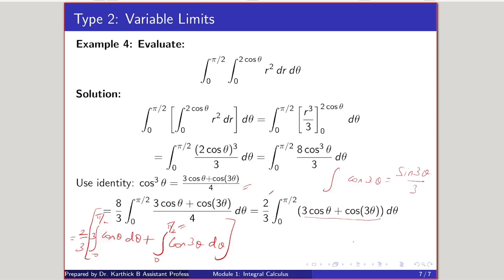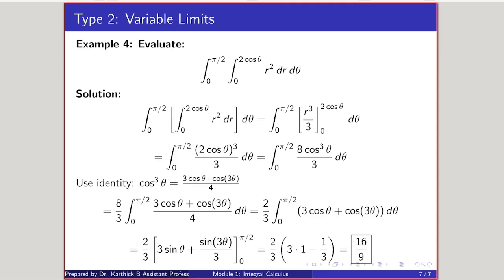So here it becomes 2 by 3, then 3 sine theta from 0 to pi by 2. We know that sine 90 will be 1 and sine 0 will be 0, then plus sine 3 theta by 3, 0 to pi by 2.